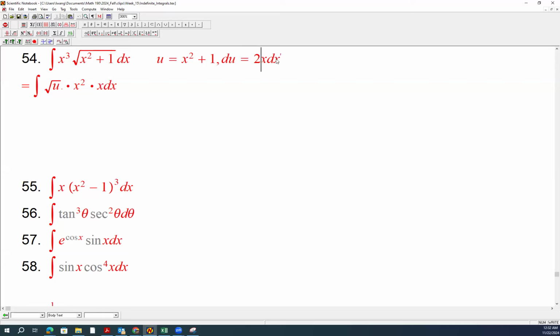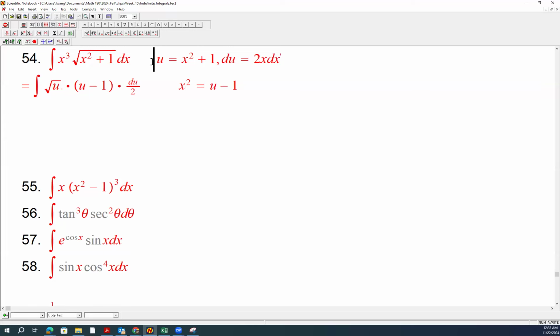Do you see the reason why? Because x times dx is half of du, so this piece will be replaced by du over 2. How about x squared? From this relationship, x squared is u minus 1.